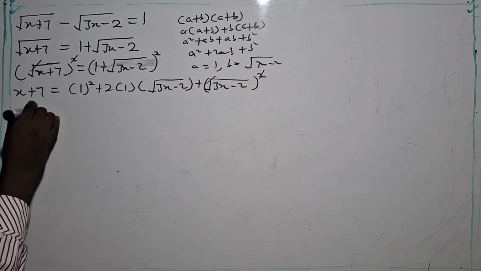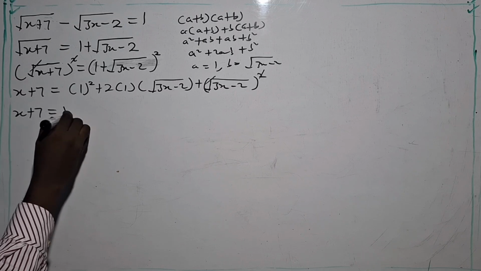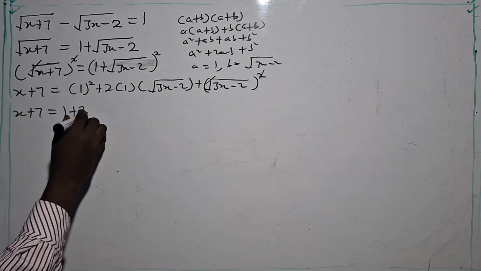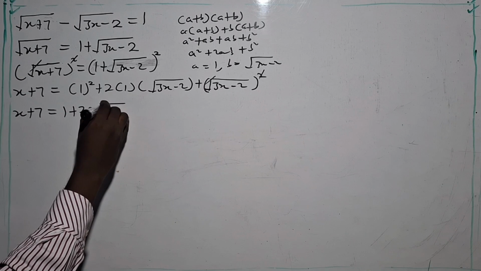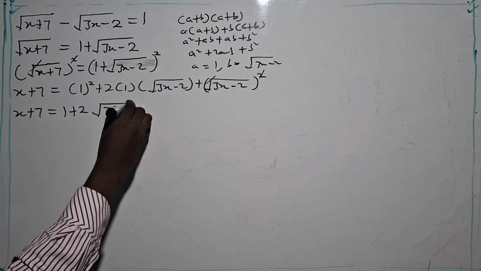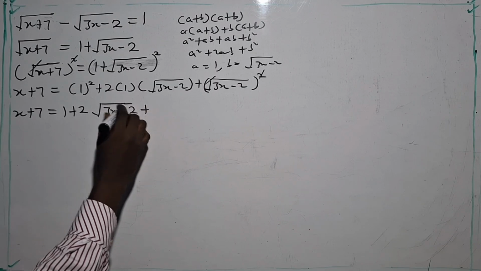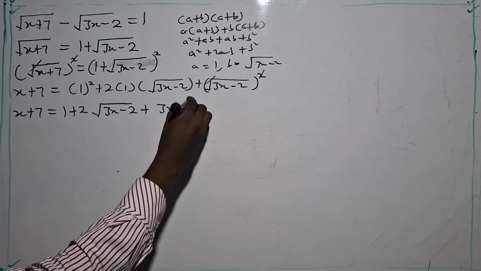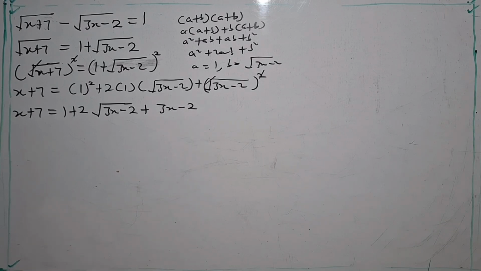So here will give us x plus 7 is equal to 1 plus 2 times the square root of 3x minus 2 plus 3x minus 2. Yes. So follow closely as we collect like terms.